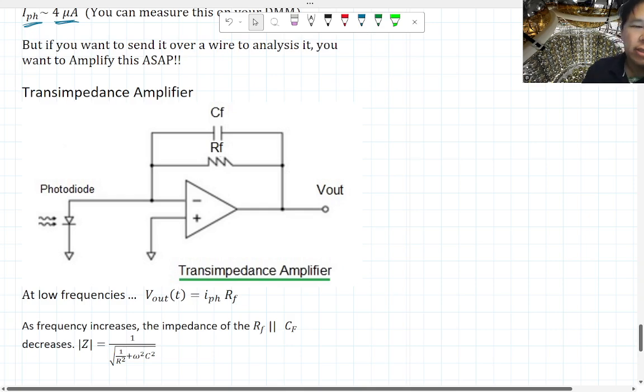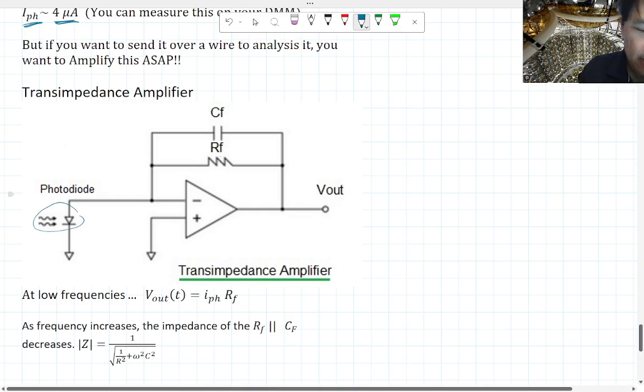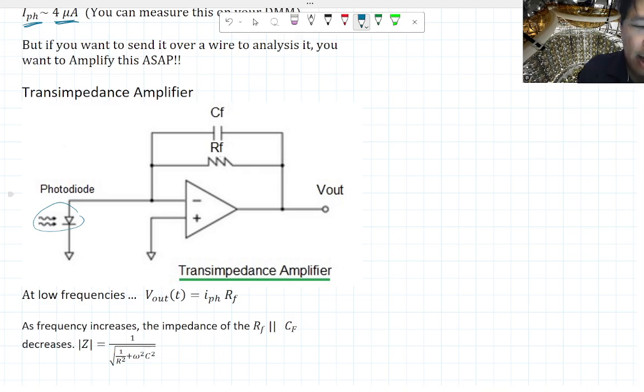Okay, a transimpedance amplifier is basically a photodiode that's connected to the inverting input through a large resistor and a moderate capacitor. So that's going to pick how it changes with frequency.